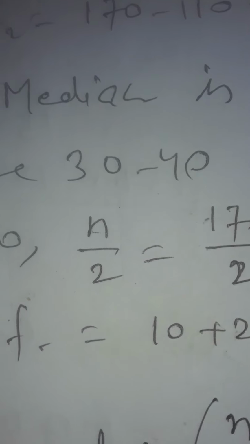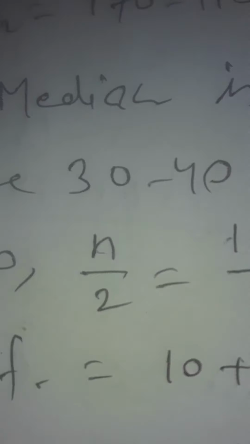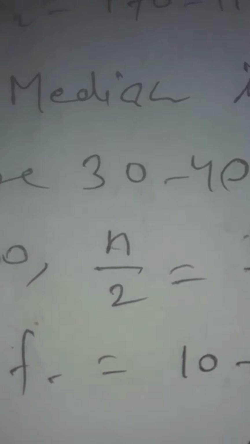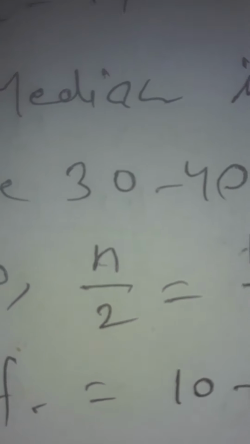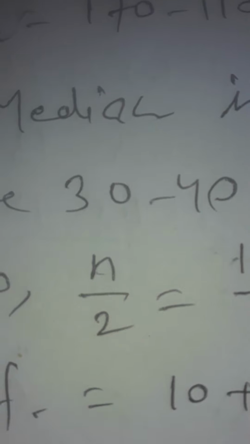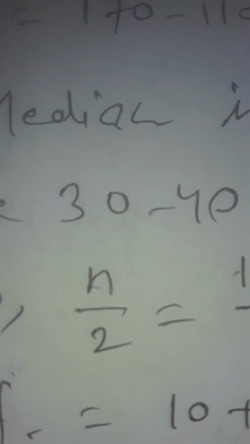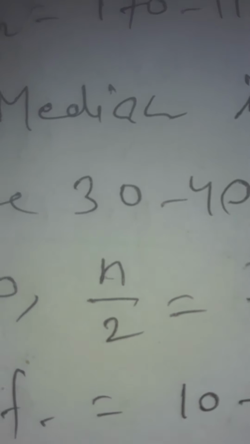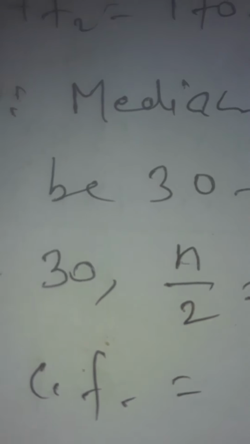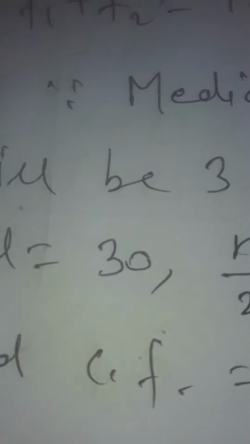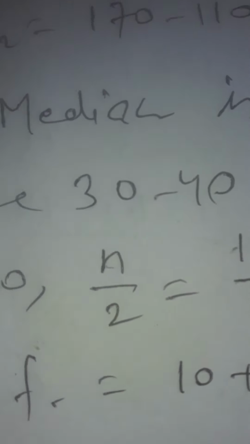Since the median is 35, the median is always lying in between the upper limit and lower limit of the median class. So since median is 35 given over here in the question, the median class is 30 to 40.